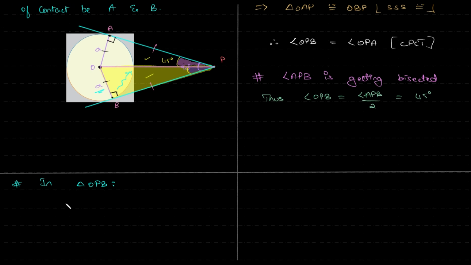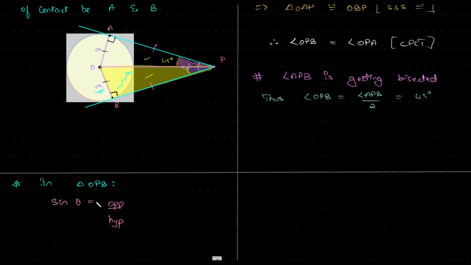And so we have, no, we are talking about opposite and hypotenuse, so it is sine. Sine of theta is equal to opposite by hypotenuse.